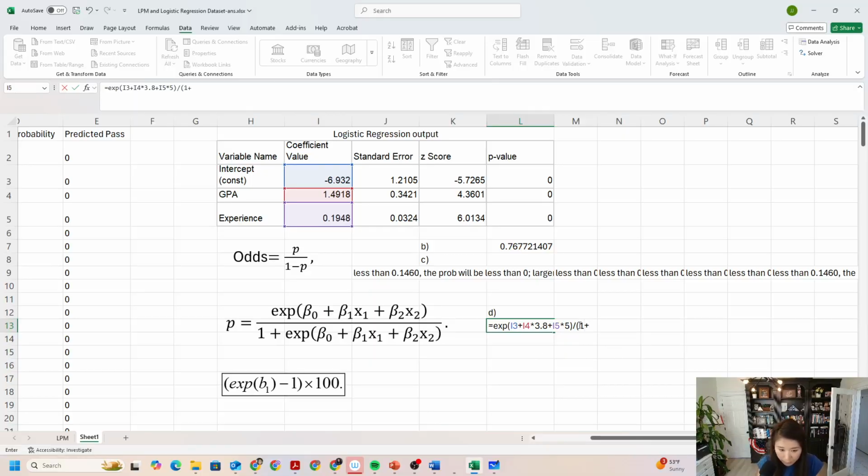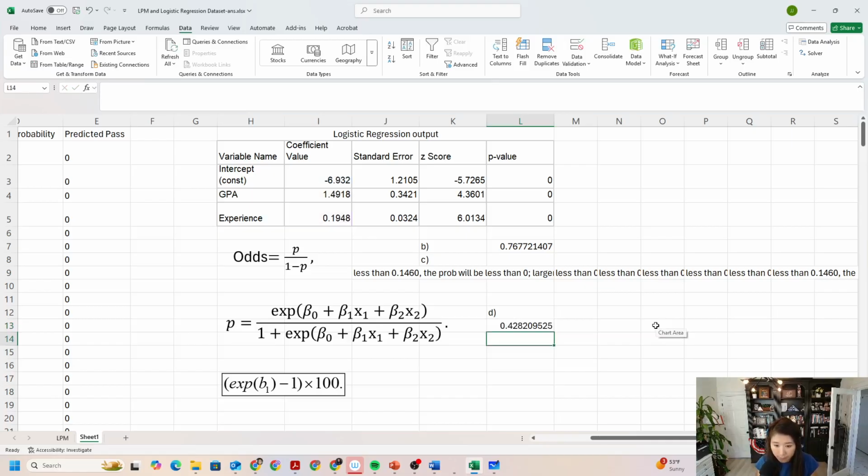1 plus, again, exponential, parentheses, beta 0 plus beta 1 times 3.8 plus beta 2 times 5 years of experience, and don't forget to close the parenthesis for your denominator, and then you push enter.